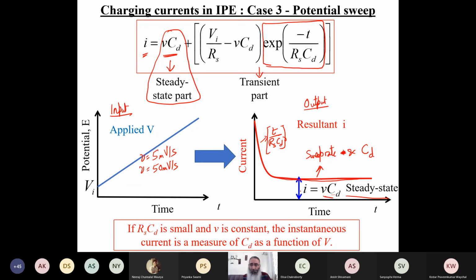If you go sufficiently higher in potential, or change the potential to a large extent, there is going to come a situation where there is charge transfer from one side to the other, from metal to the electrolyte, or electrolyte to the metal. So you are consciously keeping that out of the picture by making sure that the potential doesn't go anywhere near that. Okay, is this clear? Any questions so far?